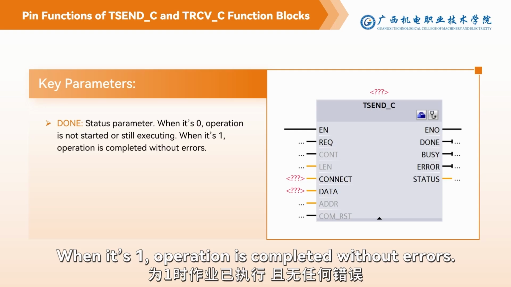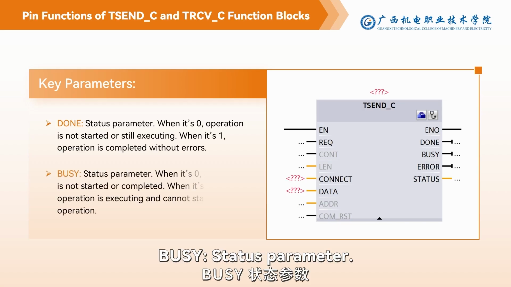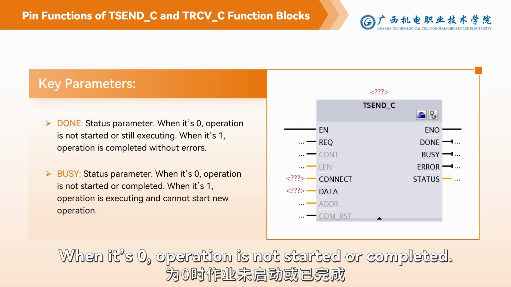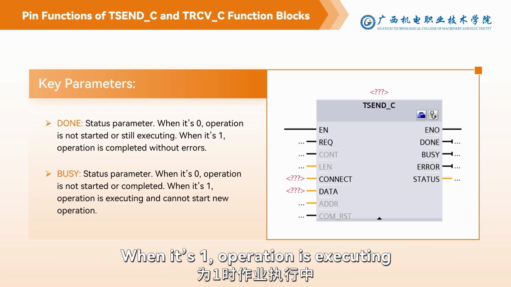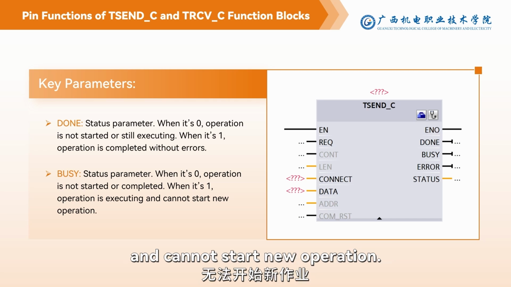When it's 1, the operation is completed without errors. BUSY, status parameter. When it's 0, the operation is not started or completed. When it's 1, the operation is executing and can't start a new operation.